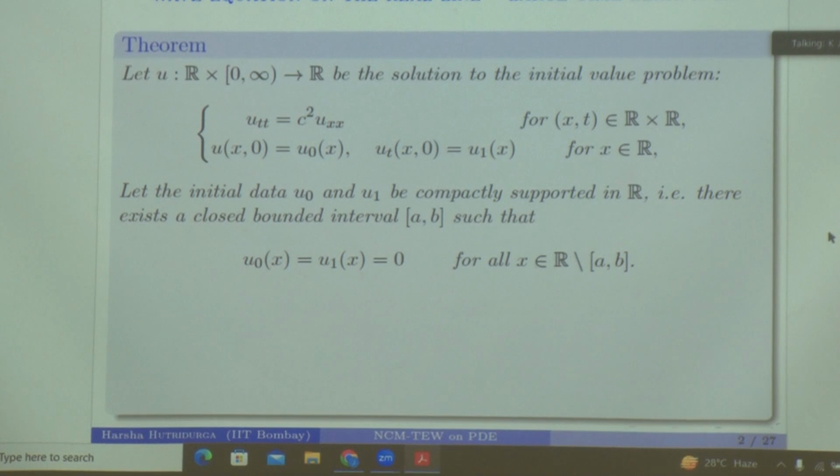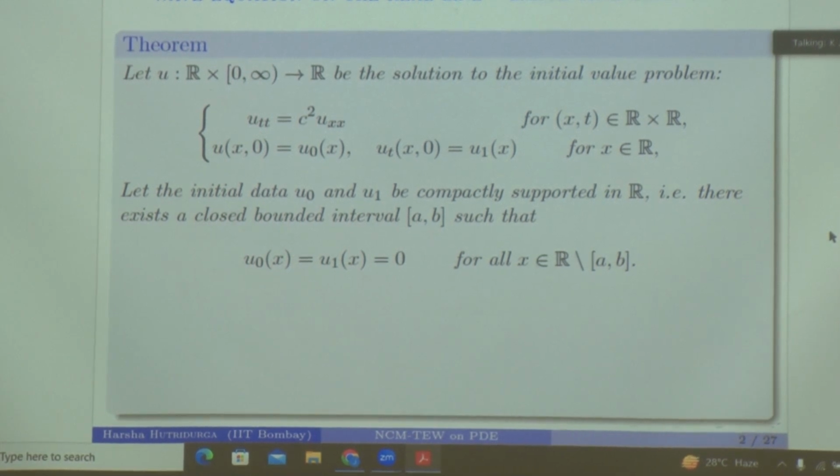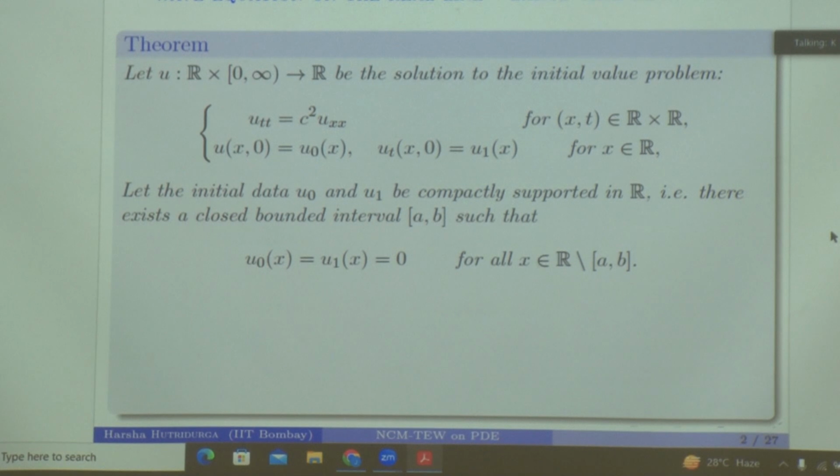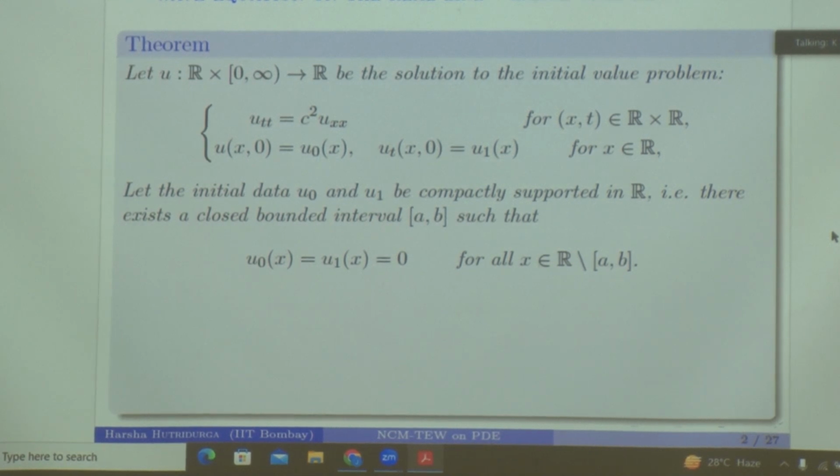By functions having compact support, we essentially mean that if you plot these functions u0 and u1 on this plane, outside this interval AB, your function is 0. So it's non-trivial behavior, if at all it has any, only inside this one. That's what we are assuming about the two functions which are going as input for this initial value problem.